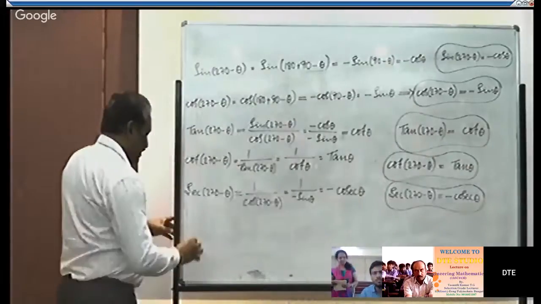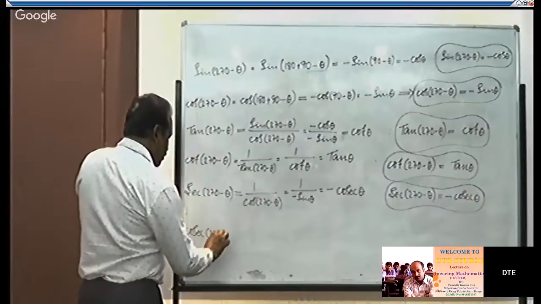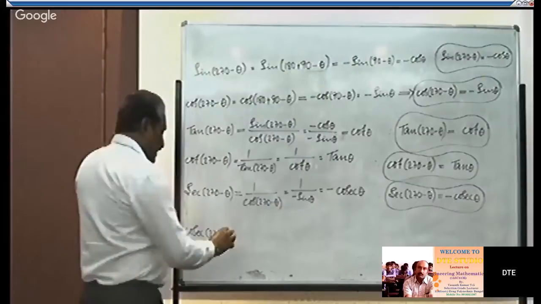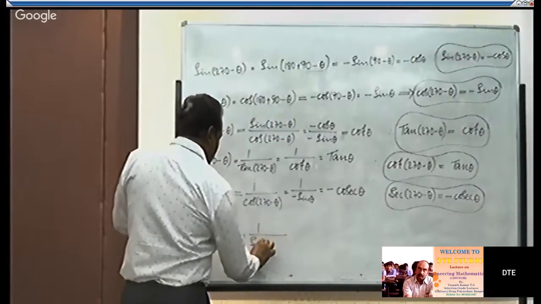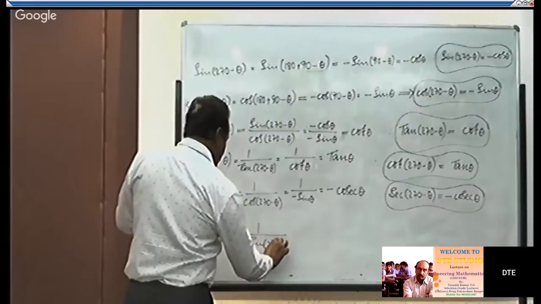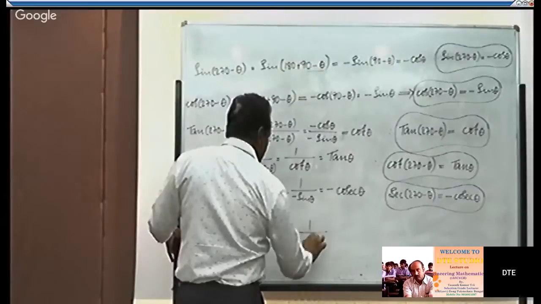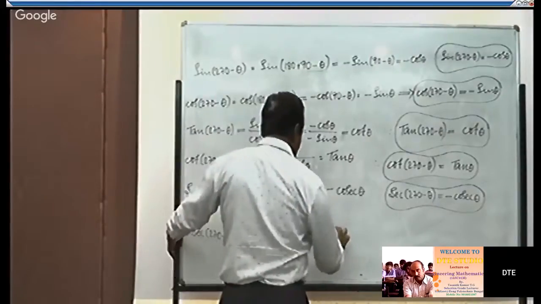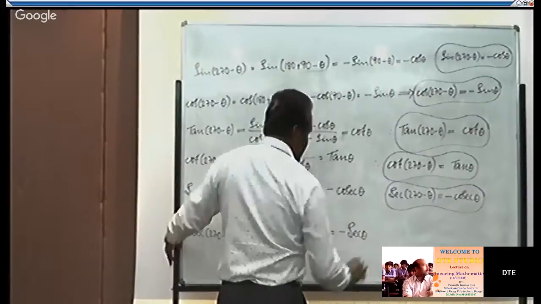So finally, the last one is cosecant of 270 minus theta. It is equal to 1 by sine of 270 minus theta, and sine of 270 minus theta is minus cos theta. It is minus 1 by cos, which is secant theta.